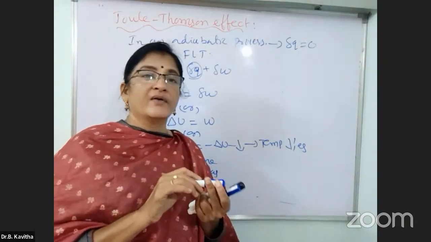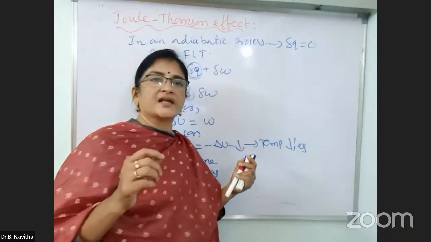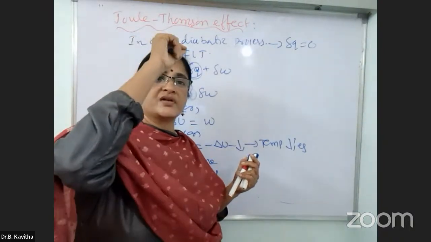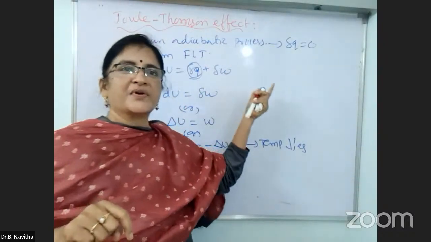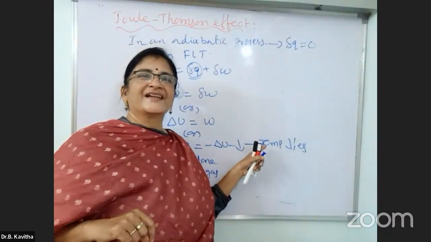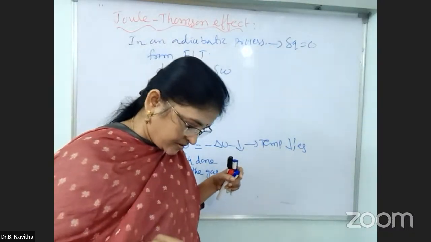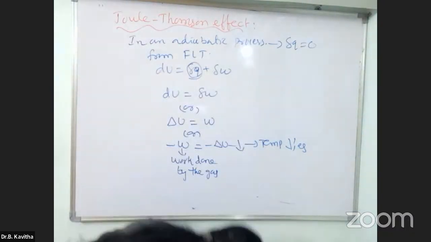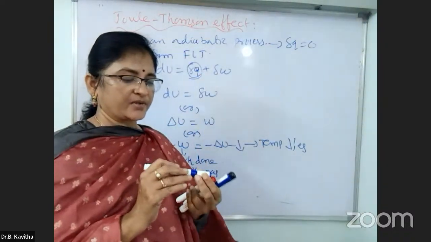That means when a gas in the adiabatic process expands from the high pressure region to the low pressure region, automatically the temperature of the gas decreases. The gas cools down.